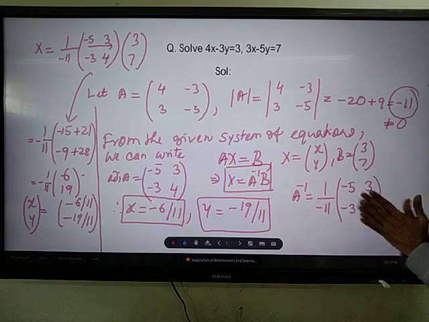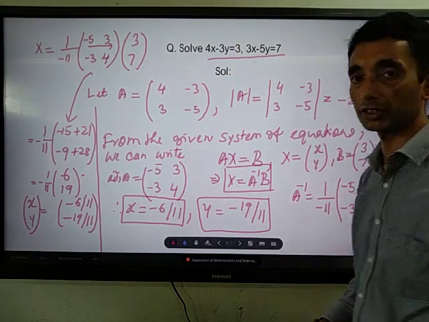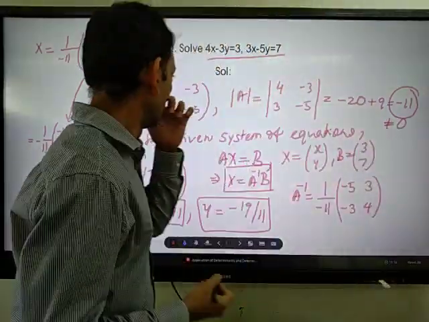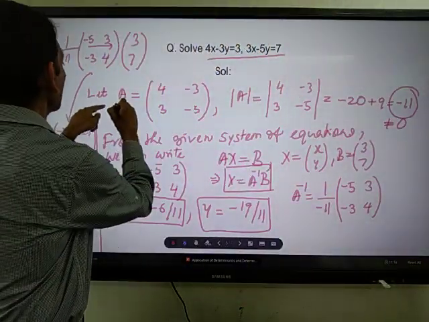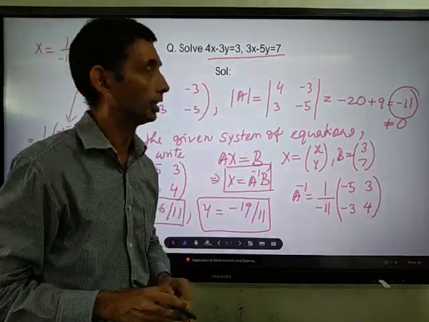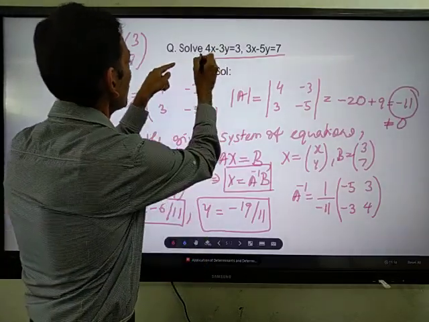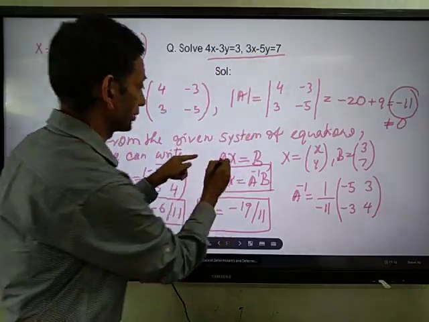What are the steps? I'll just repeat once. A system of linear equations is given. We need to solve it. So first we write the coefficient matrix, step 1. After that we need to check determinant A. And since the determinant is not equal to 0, we convert the system of equations to matrix form.